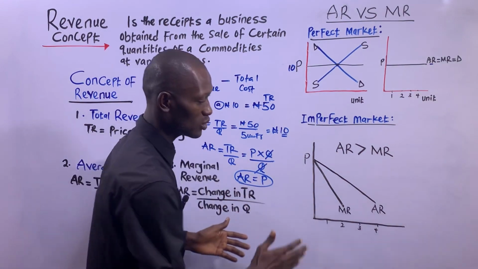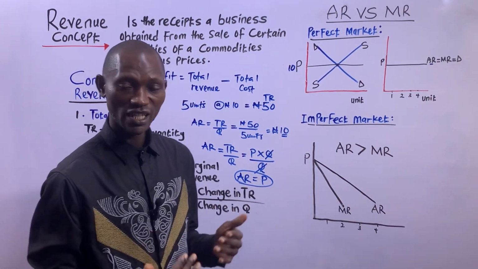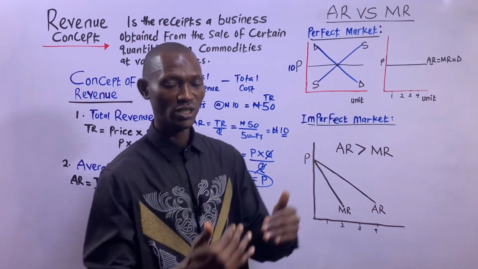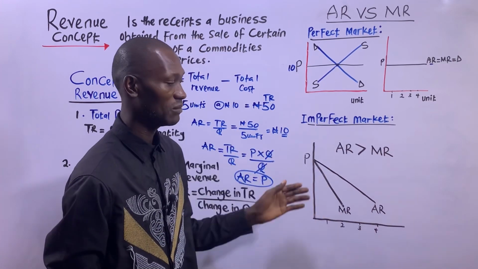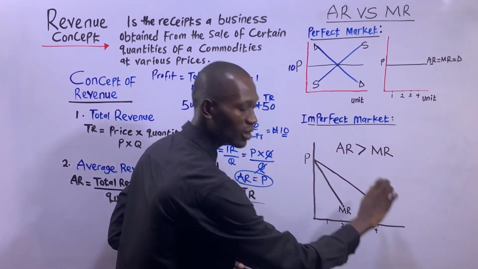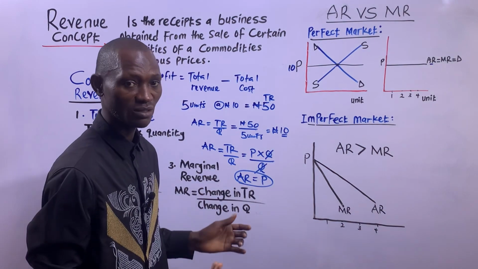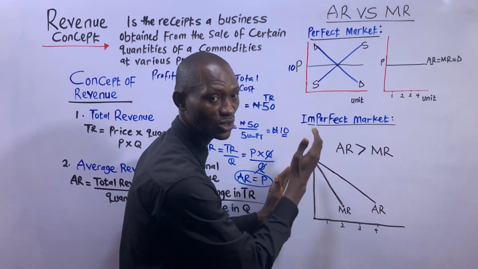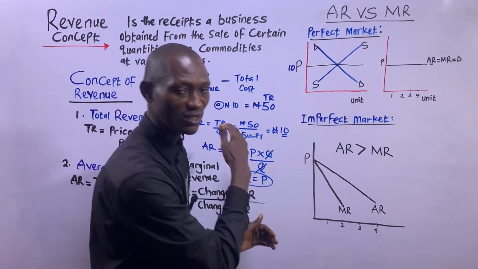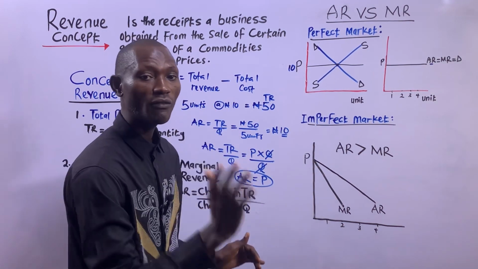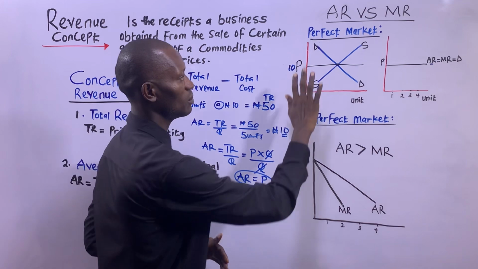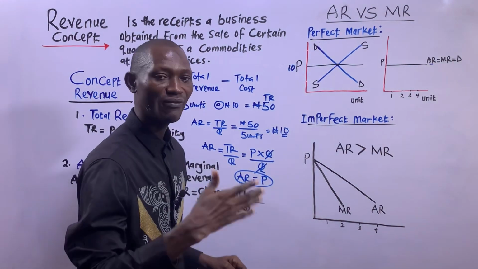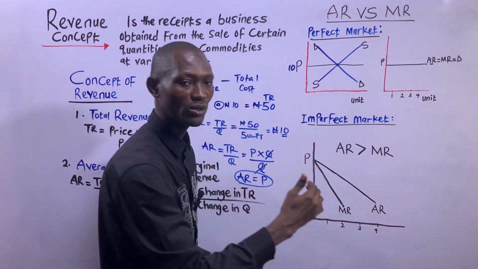And most times there is usually price war. Most times when a firm here wants to increase its sales, such a firm is advised to move down the demand curve. And like I did say, the demand curve faced by the industry in an imperfect market is a downward sloping demand curve. All firms, except those that operate in a perfect market, are faced with a downward sloping demand curve.